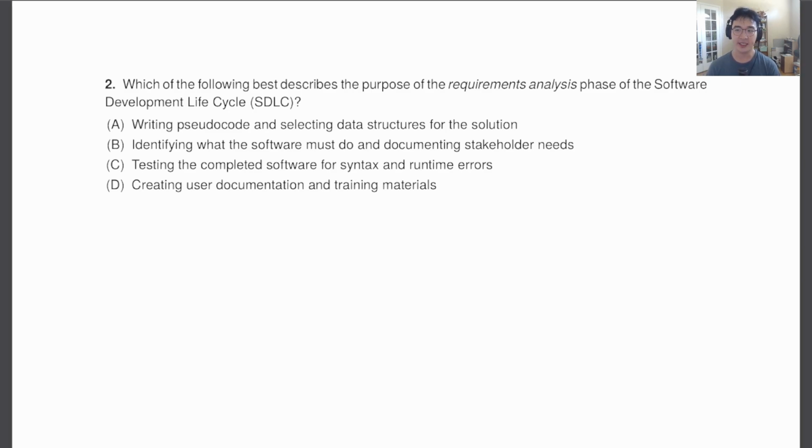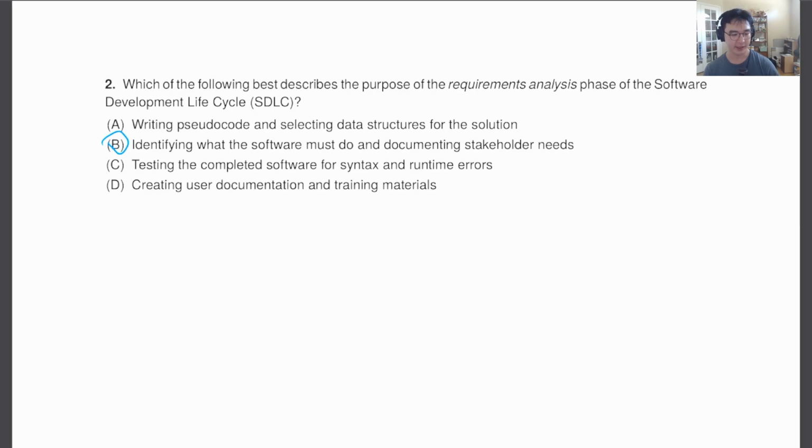Answer choice C describes the testing phase, where you're testing software. And answer choice D kind of describes the deployment phase. You're deploying it for others to use, and you want to make sure the other users know how to use your software, which is why you create that documentation and training materials. So for this one, we would choose answer choice B.